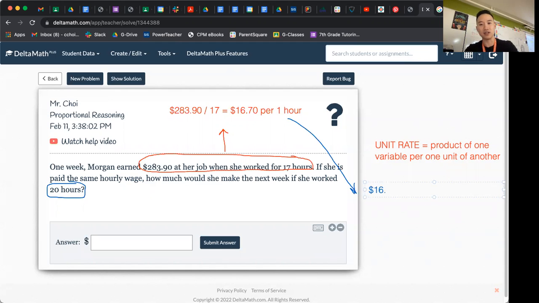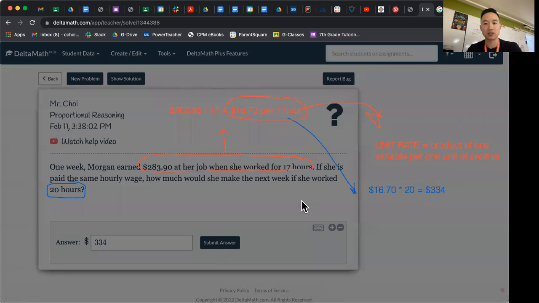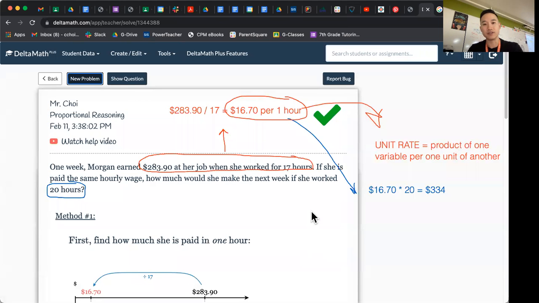So we'll do $16.70 times 20, which is $334. So she will earn $334. And it all really comes down to the unit rate. That's what you would have to do first for these types of problems. Find the unit rate, which is this. Okay, so let's just type that in, confirm that that's correct. And sure enough, it is.